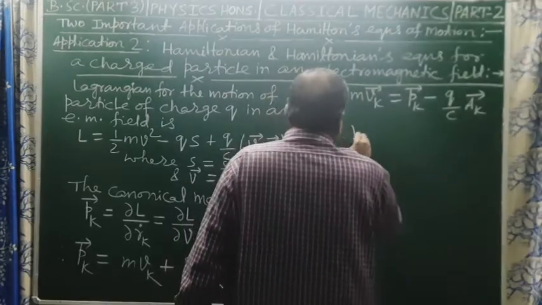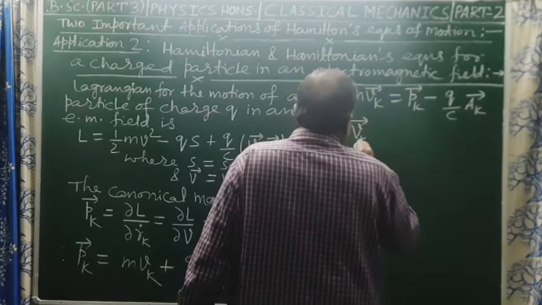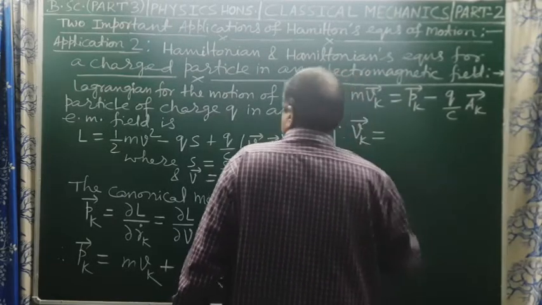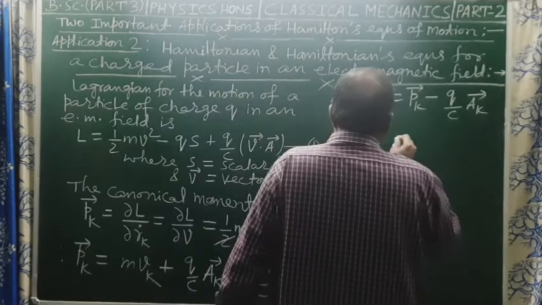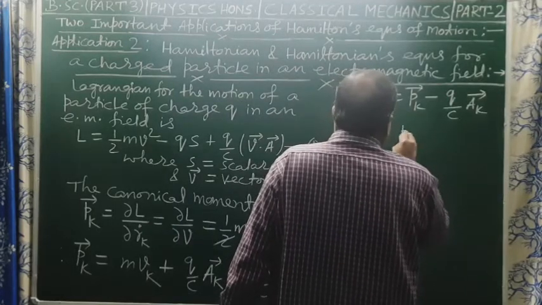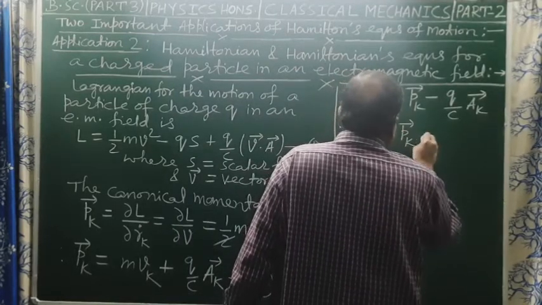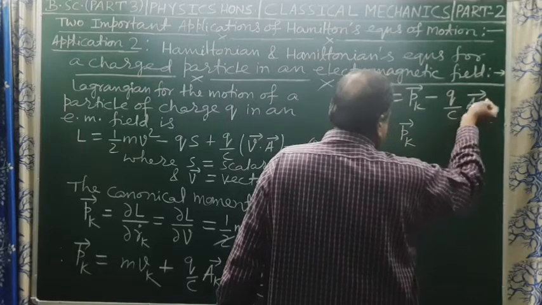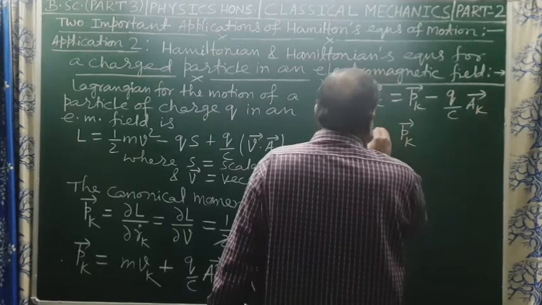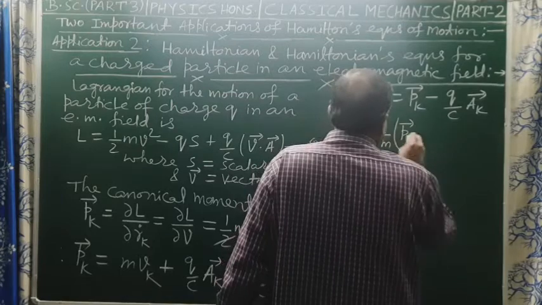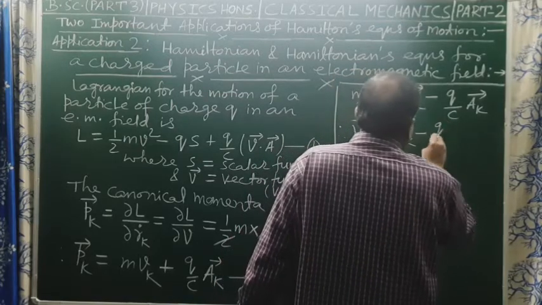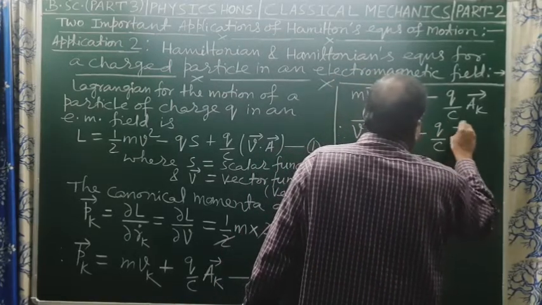Therefore vk, generalized velocity vk, equals pk by m minus q by c ak by m, that is, 1 by m we can take out of the bracket, 1 by m pk minus q by c ak vector.